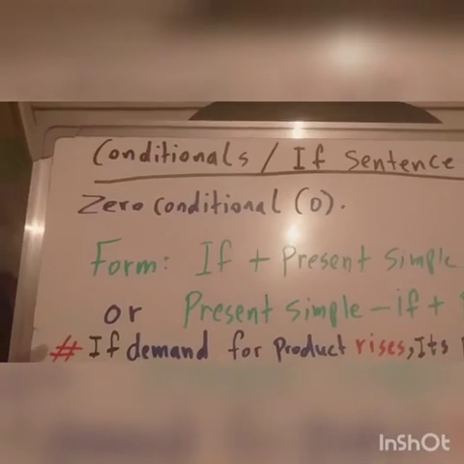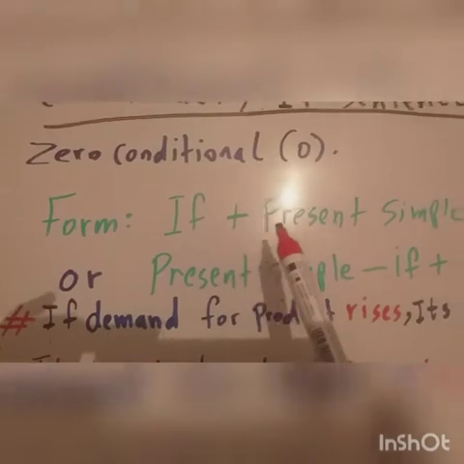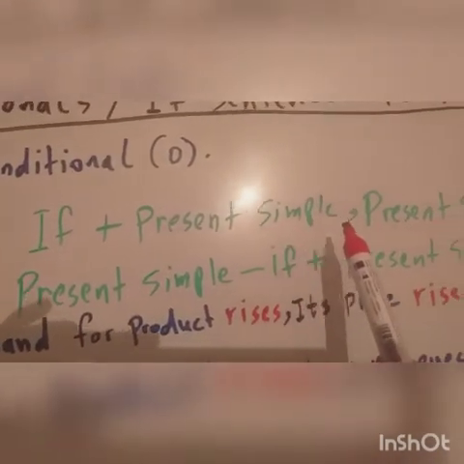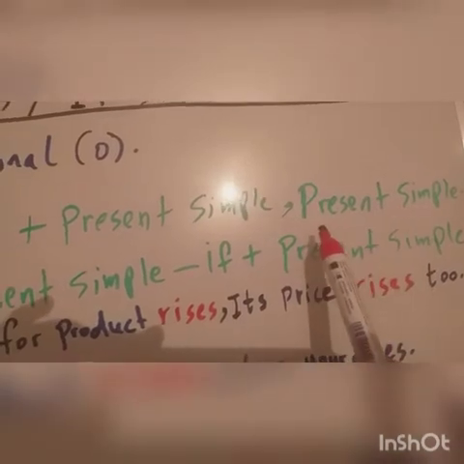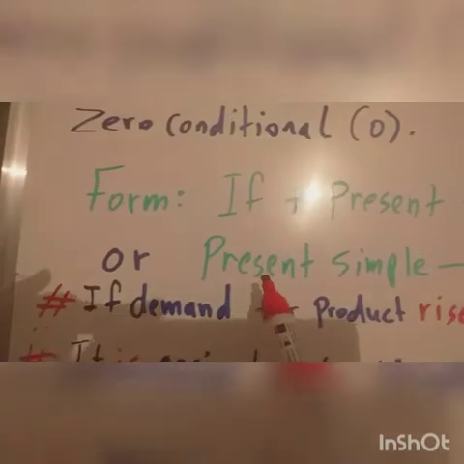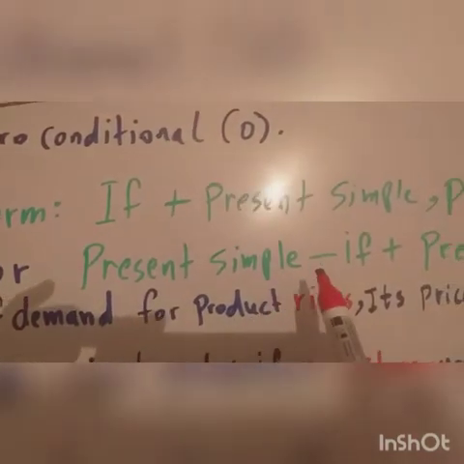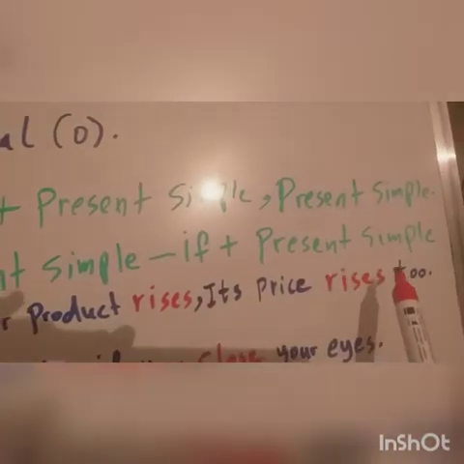In the zero conditional, we use if plus present simple and the second clause present simple. And there's the second order: present simple, if plus present simple.